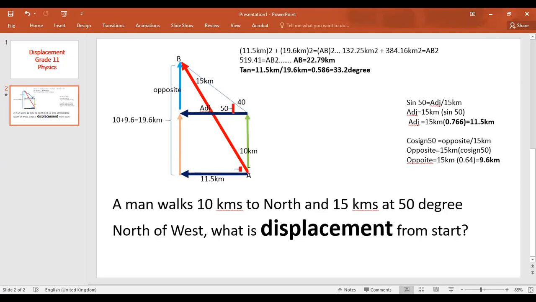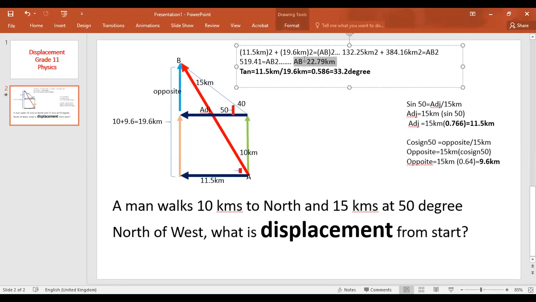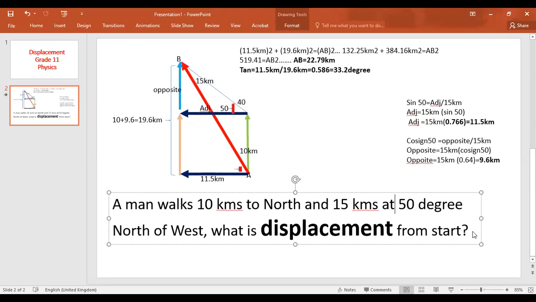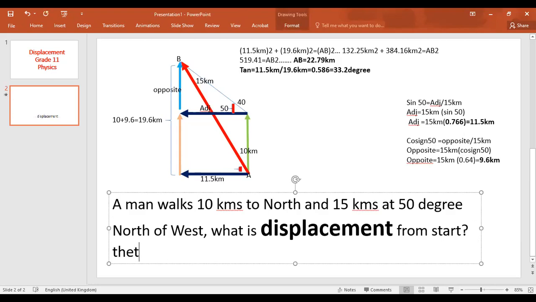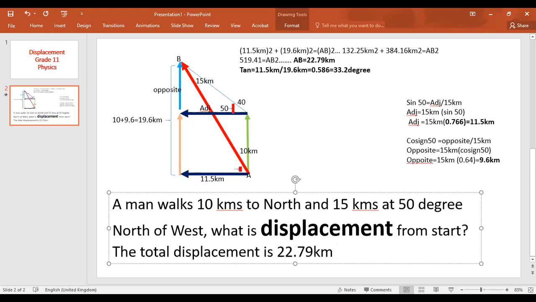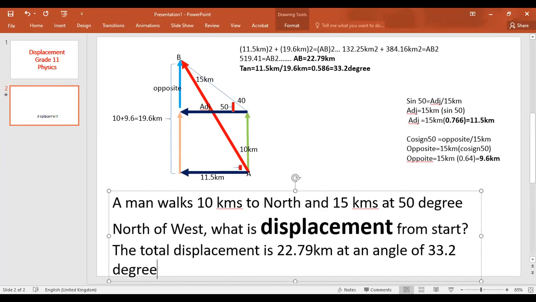And we got this distance from A to B, 22.79. We would say total displacement is 22.79 kilometer at an angle of 33.2 degree north of west.